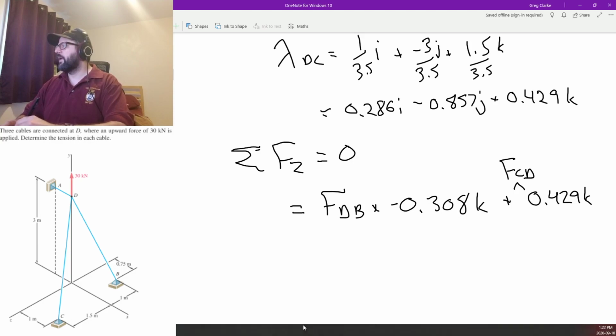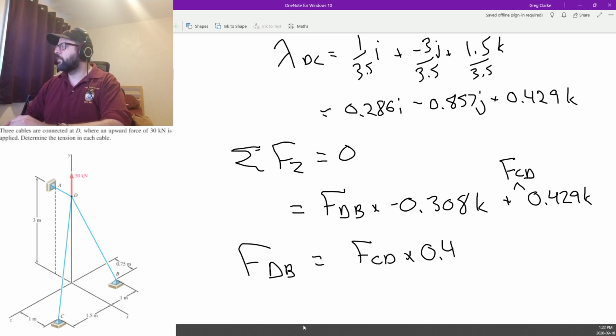If we add the FDB term to the other side and then divide out, we get FDB is going to be equal to FCD times 0.429k divided by 0.308k.